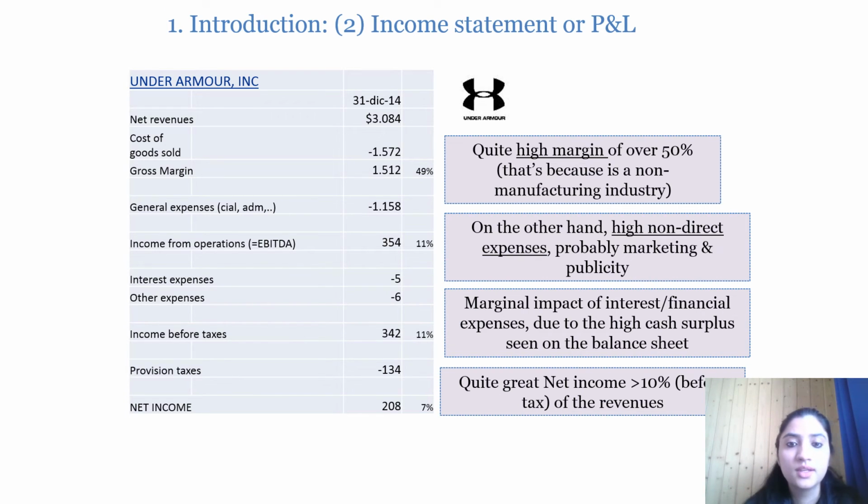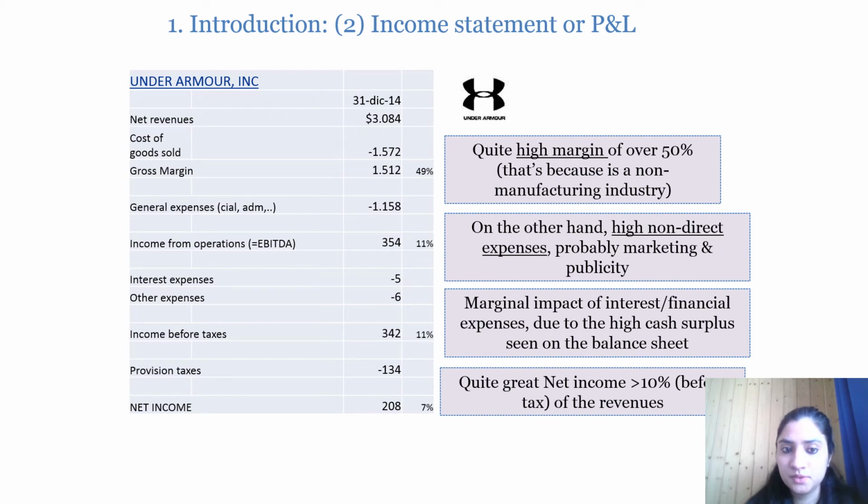So first of all, if you have seen here, the revenues of the company are $3,084, okay, and the cost is negative 1,572. So they are making a gross margin before paying taxes or expenses, which is quite good, $1,512.